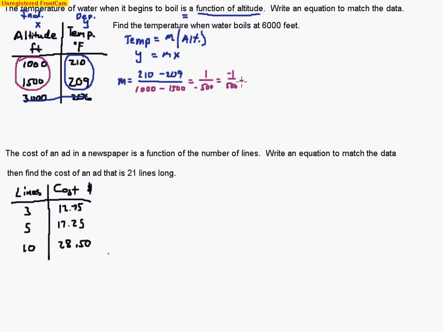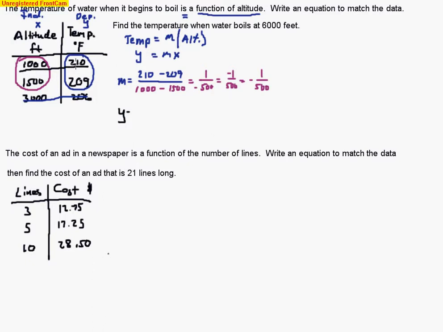You could even write it with the negative sign right in line with that fraction bar, and it all means the same thing. So now I've got my slope. I can take the slope and one of the points, it doesn't matter which one, and put it into the point slope formula. Remember, it goes y minus y1. I'll use this point right here.